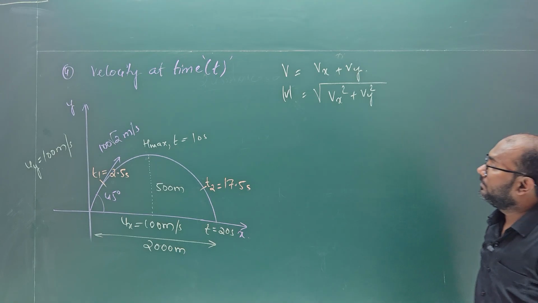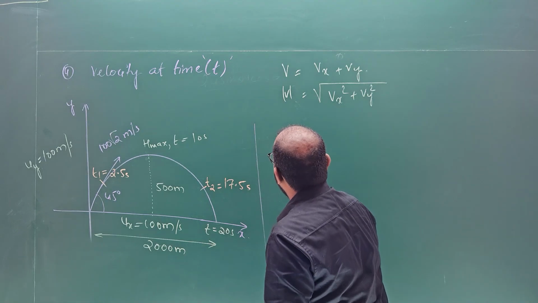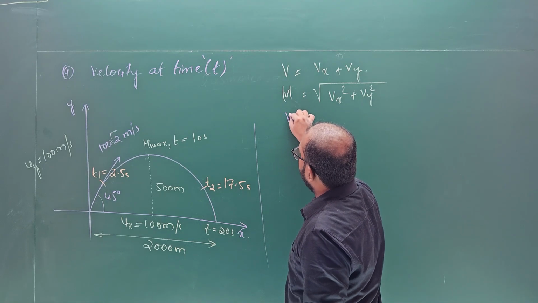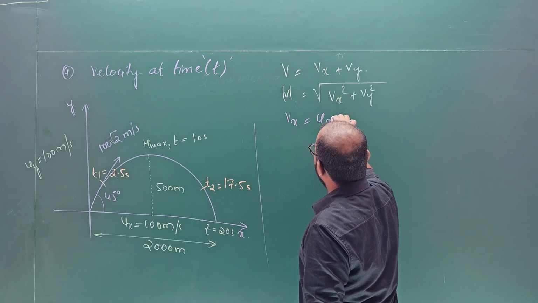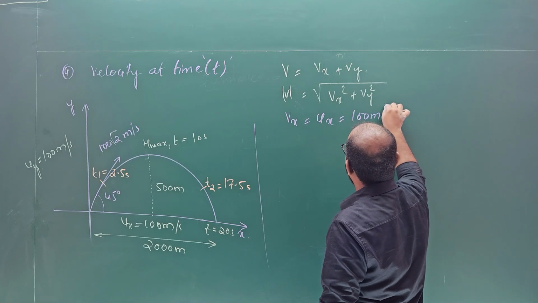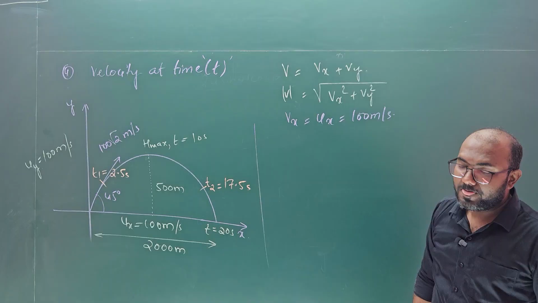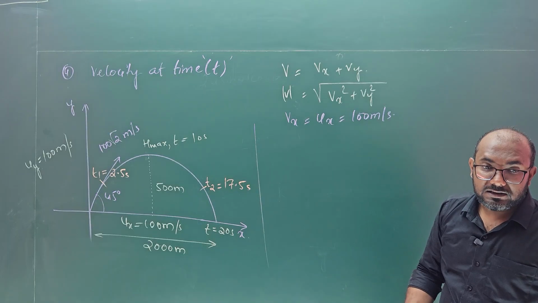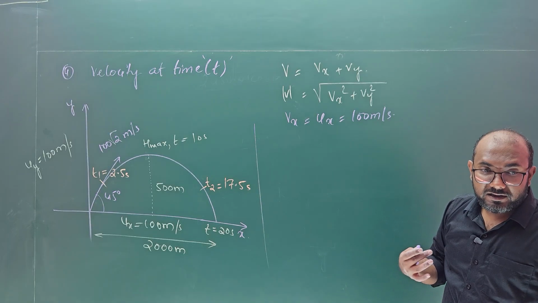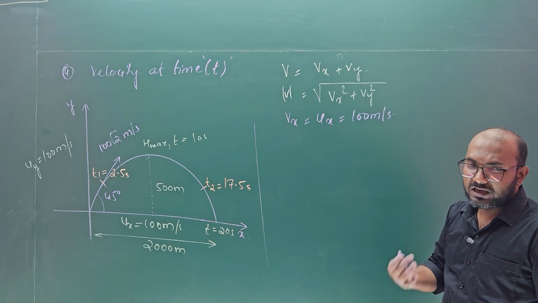Now listen to me. Vx at any point is nothing but ux, and that always remains 100 meter per second. Yes or no? But velocity along the y-axis changes. It may be at 2.5 seconds, it may be at 10 seconds, it may be at 7 seconds, whatever the time is given.